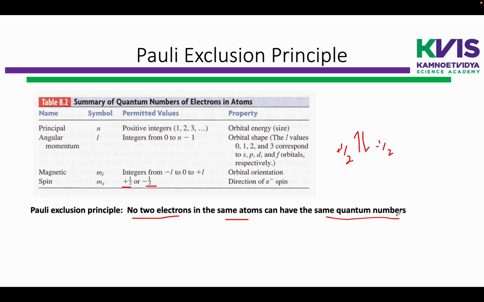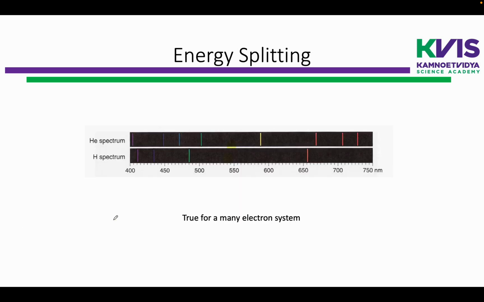So the wave function of your electron in a particular atomic structure will be unique to that particular electron. So a plus 1/2 spin in a 2px orbital will always have a different equation from a minus 1/2 spin in the 2px orbital. This is the idea of Pauli's exclusion principle.